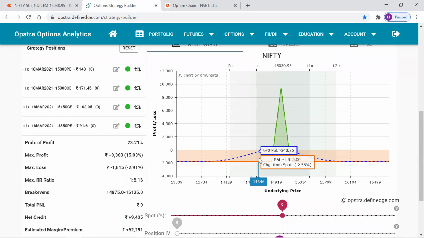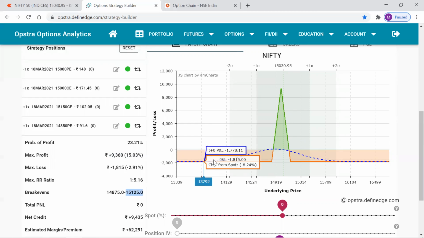This is how you minimize risk. If you cannot afford to lose more money, then you can implement this. See, your risk is even less here, and your reward is also very little. In our previous example, when I bought 15,300 and 14,700, my range was broad. Here the range is very small and my loss is also very small.